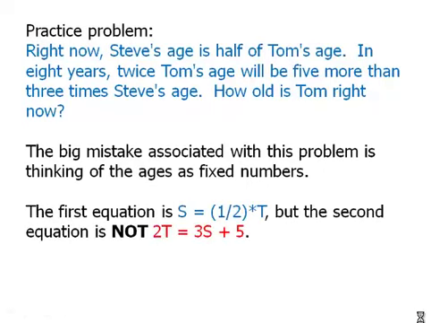But for the second equation, we cannot just say, well, twice Tom's age is 5 more than 3 times Steve's age, 2T equals 3S plus 5. We can't say that because in 8 years, the ages will be different, and we need to take that into account. It's not enough to say that T is Tom's age. We have to specify Tom's age when.